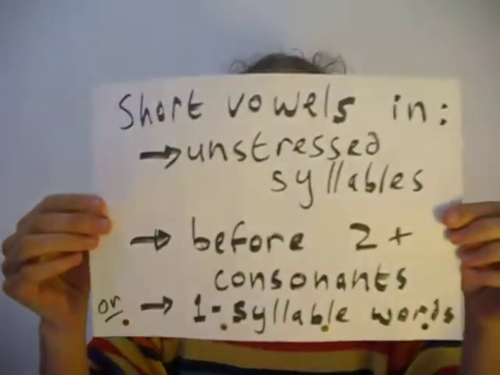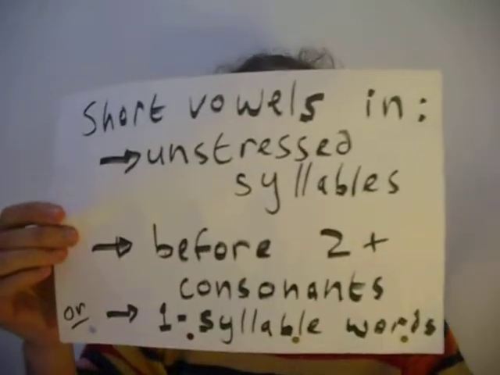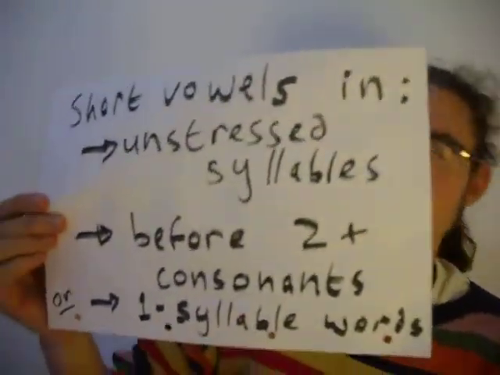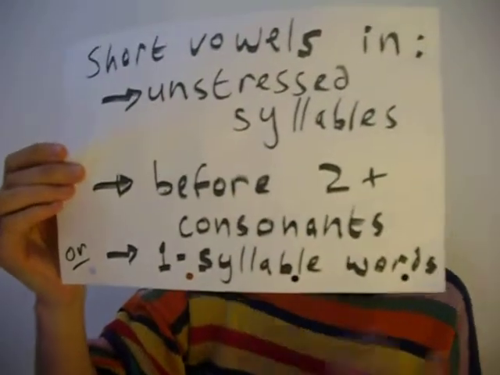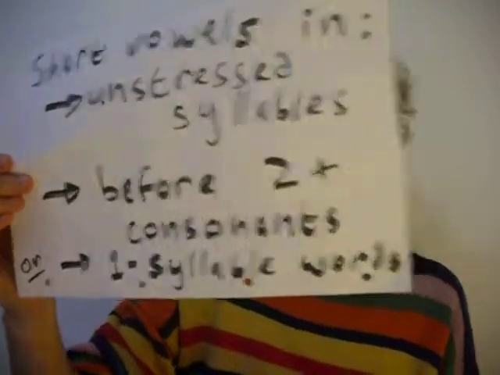Short vowels appear in unstressed syllables, just any unstressed syllable, the vowel's going to be short. They also appear in stressed syllables if the vowel is followed by two or more consonants, or if it's just a word with only one syllable. When we get onto long vowels, you'll see circumstances where they actually write two vowels to say it's long, in which case obviously it's long.